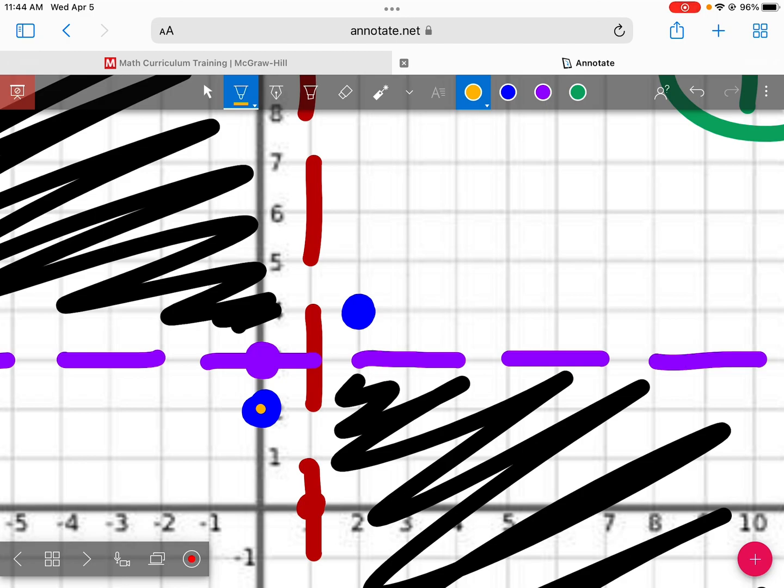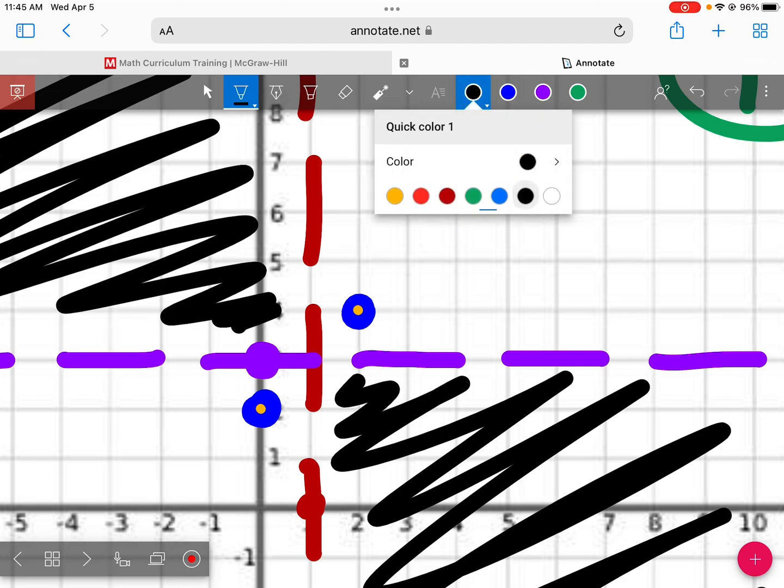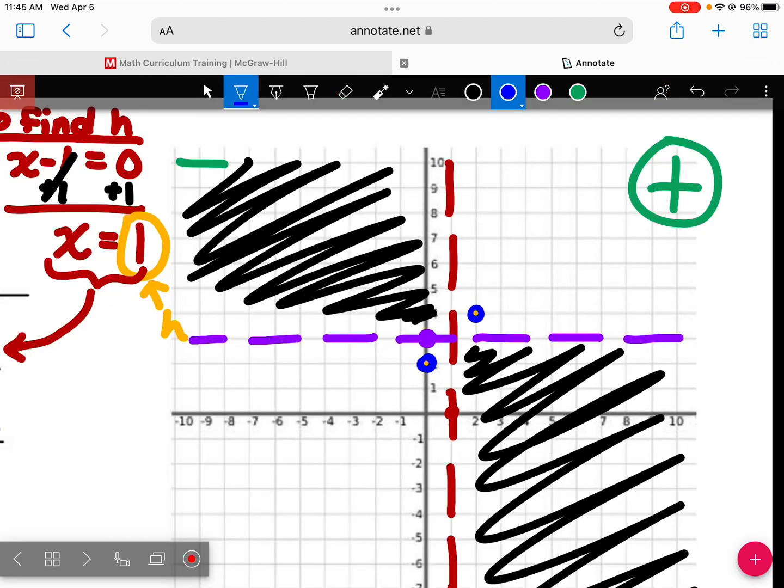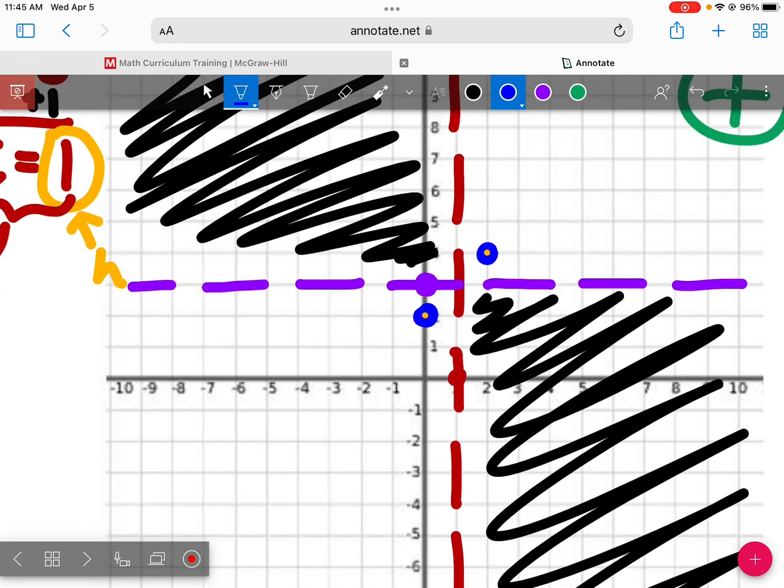I go right A, right 1, and what? Go up 1. That lands me right on top of my other point. Again, that's okay. Whenever my A value is 1, that's going to happen. They're going to land on top of each other. So I only have 2 points right now to use. That's all right.